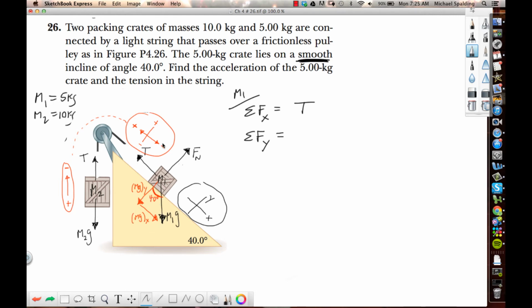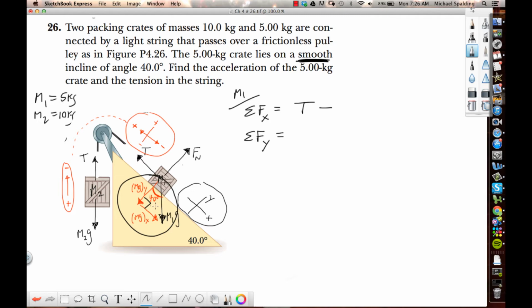Okay, now what you're not going to do, you don't want to do this. T minus mgx. That's not going to help you at all. What do you got to do? You got to put mgx in terms of mg using trig. So if you look at this triangle right here, when I broke mg apart, all that is a right triangle. That's all it is.